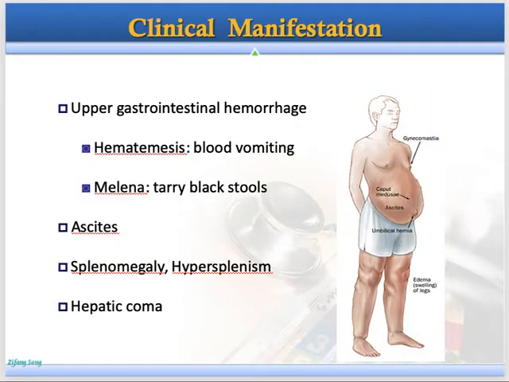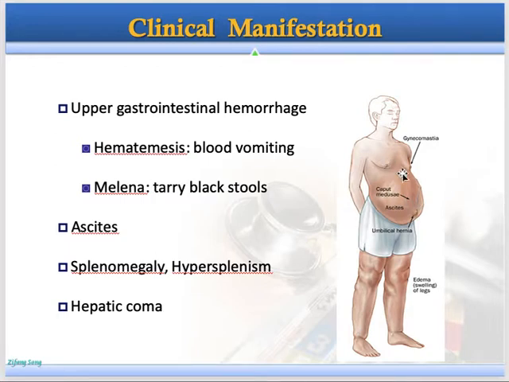Now, the patients can present with a distended abdomen due to ascites, splenomegaly and hypersplenism, so anemia, infections, all these things. The liver is not functioning fine, so hepatic coma, and hematemesis or melena due to the bleeding of the varices, right?